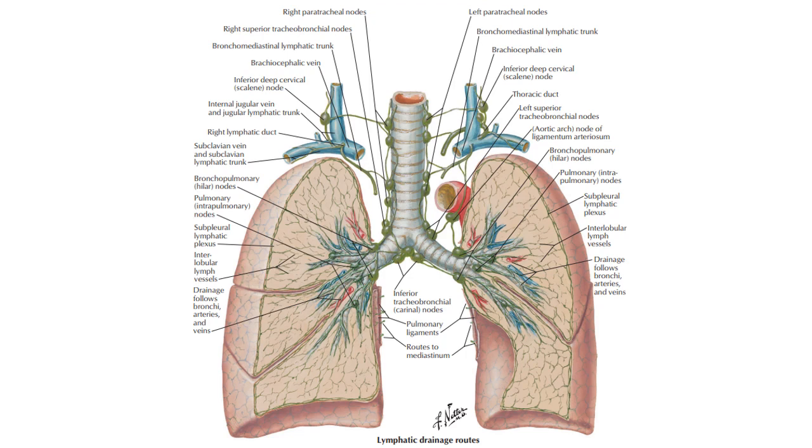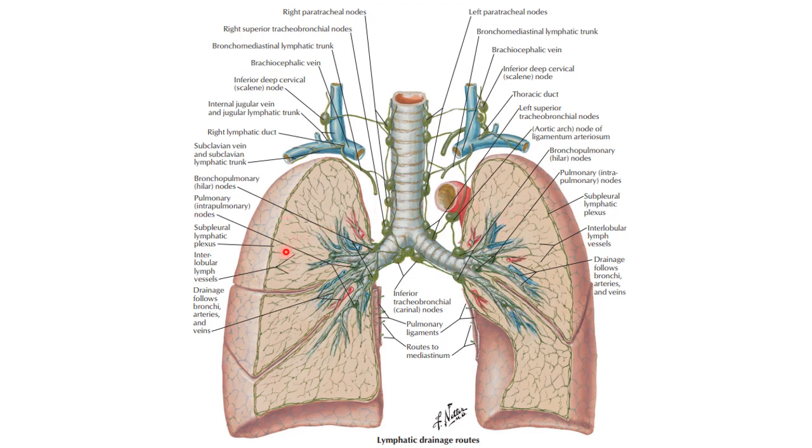So this picture will show you the gross or macroscopic lymphatic channels and lymph nodes. So first, I want you to follow the cursor. And as you can notice here, you have the right lung and the left lung.